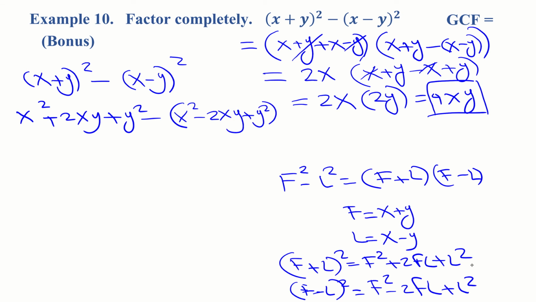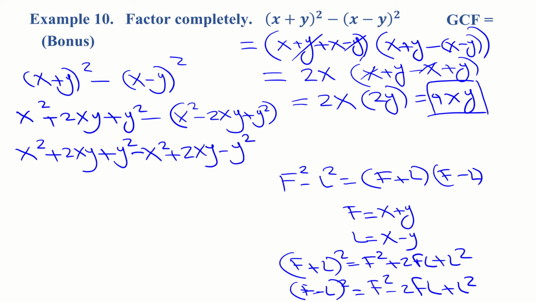Now let's go ahead and distribute that negative in to see what happens. So we get minus x squared plus 2xy minus y squared. Notice that the y squares cancel out, the x squares cancel out. We only end up with 2xy plus 2xy, which is 4xy, which is of course the same thing we got doing it the other way.